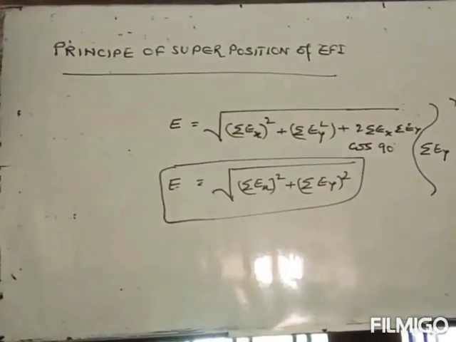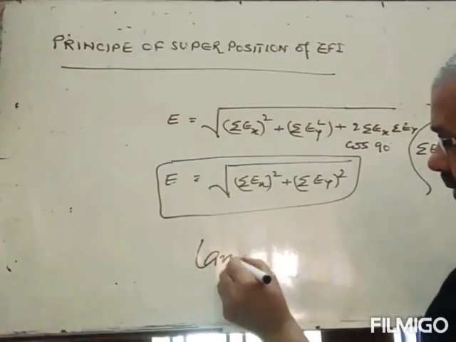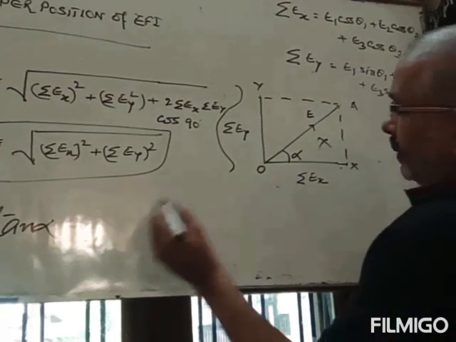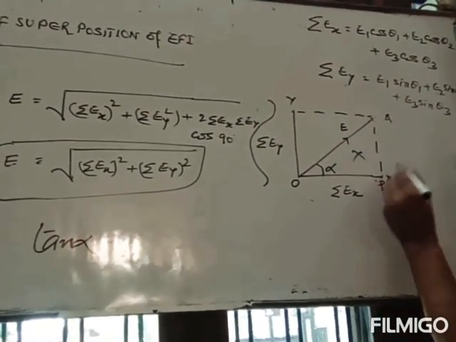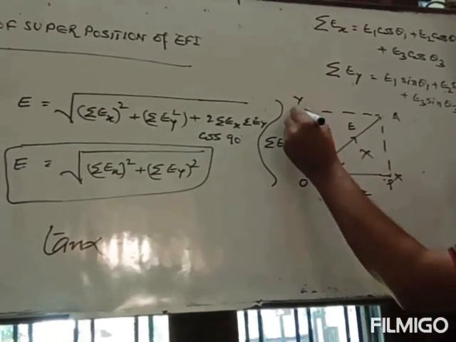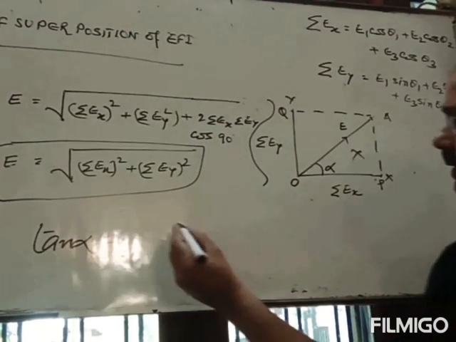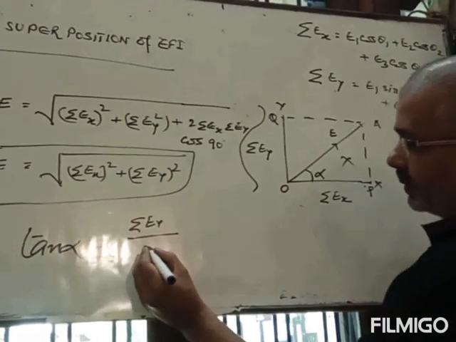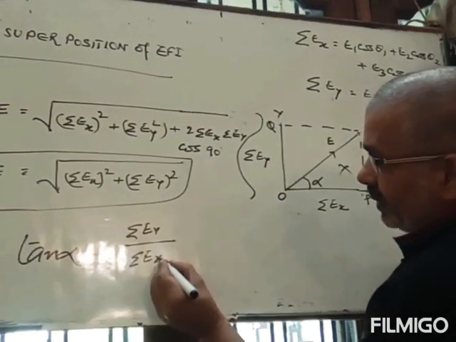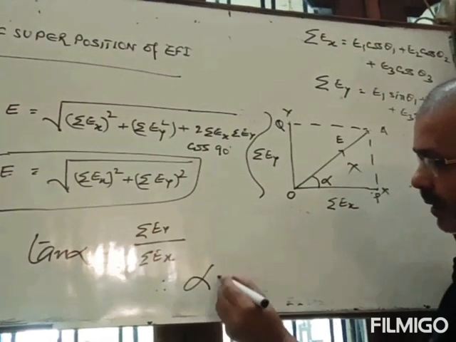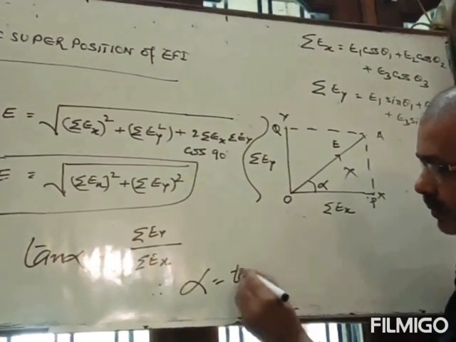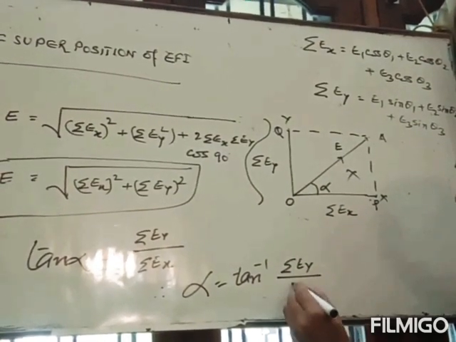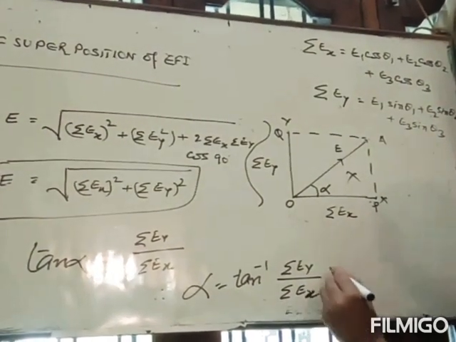Now, what is the direction? Here, tan alpha. See this triangle. Perpendicular, suppose it is AP, and that is equal to OQ, and that is summation Ey, upon base summation Ex. Therefore, alpha is equal to tan inverse of summation Ey by summation Ex.